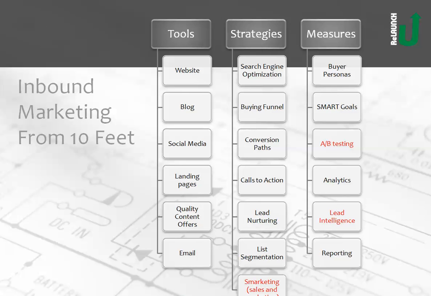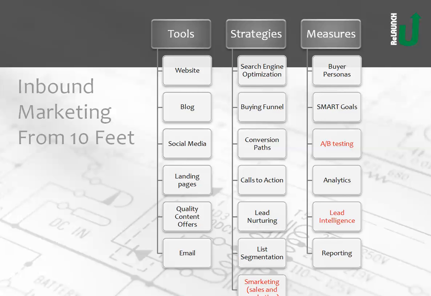Now, if we look at it from only 10 feet away, then you can see it is a lot more technical, basically 3 different things. You have a lot of tools that you use, then there's strategies for implementing those tools, and then there's measures that make sure that we have set goals and that we're moving our way towards accomplishing them.